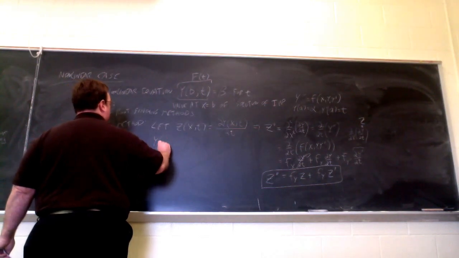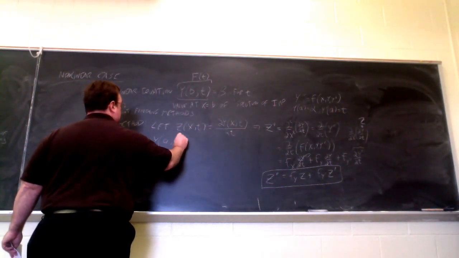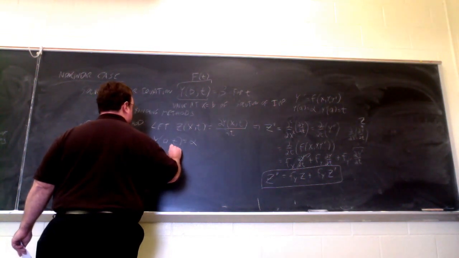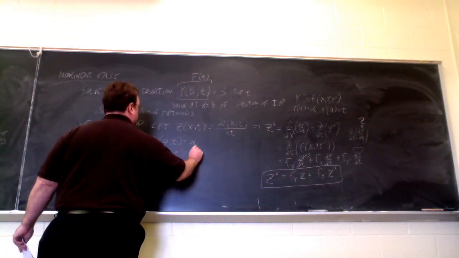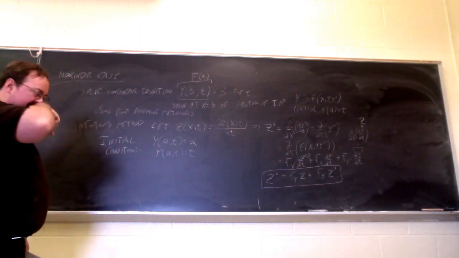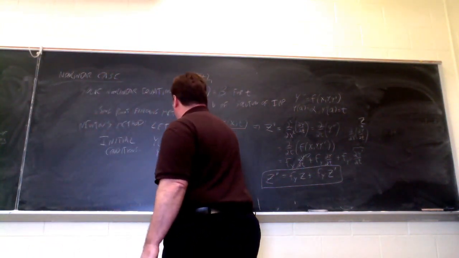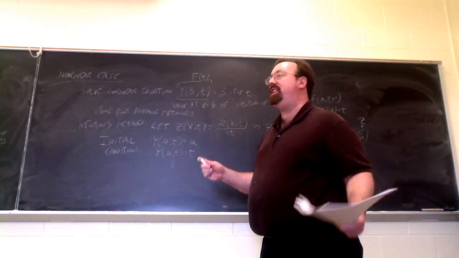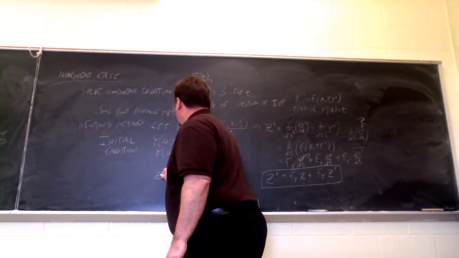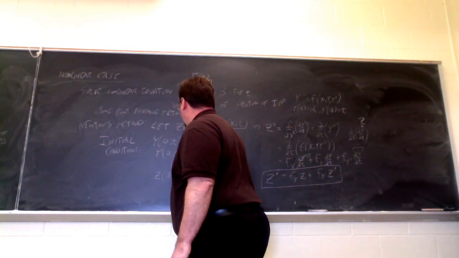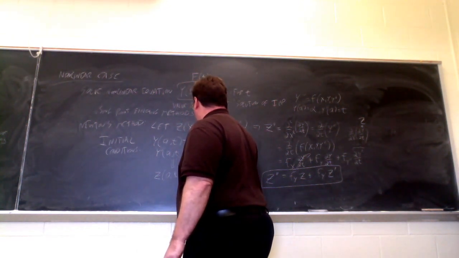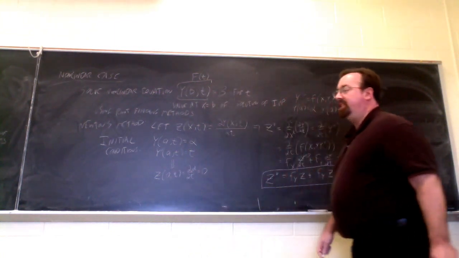On y, we have y of a is equal to alpha. y prime of a is equal to t, whatever t is. So now I can differentiate these with respect to t also and get initial conditions for z. So z of a is the derivative of alpha with respect to t, but it's 0 because alpha is a constant.